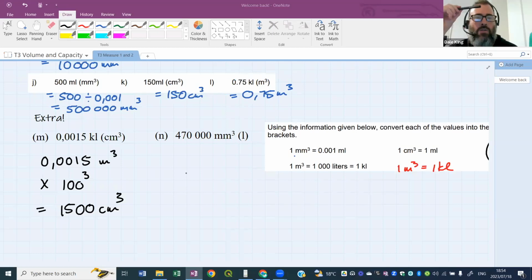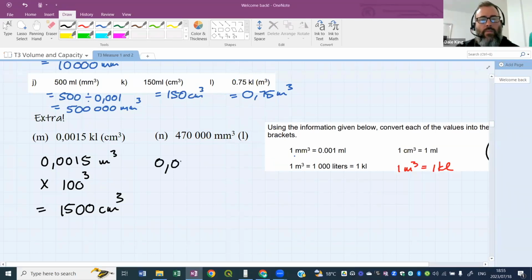Then you said times 1,000 again and it gave you 1,500. Let me write this down. Times 1,000 gives you 1,5 liters. 1,5 liters times 1,000. Very interesting. Why did you choose 1,000?